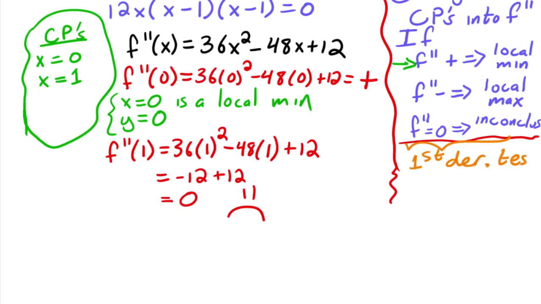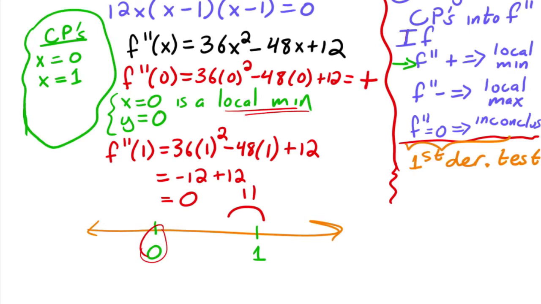Now, the good thing is that we don't have to do the first derivative test on the entire thing, only on that value. So here, let me do my number line. I'll put my critical points anyways, but I don't really care about 0 right now. I already know that there's a local minimum there, so I don't have to worry about that one. The one I do care about is 1 though.